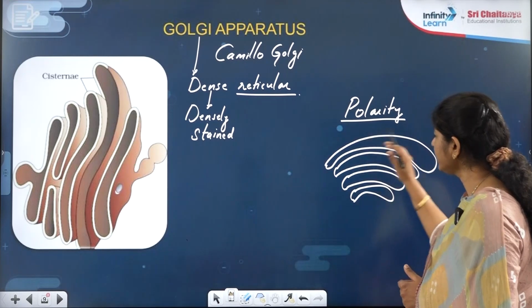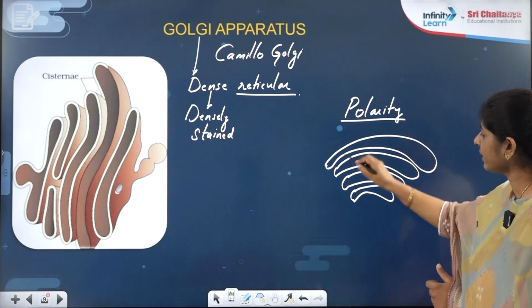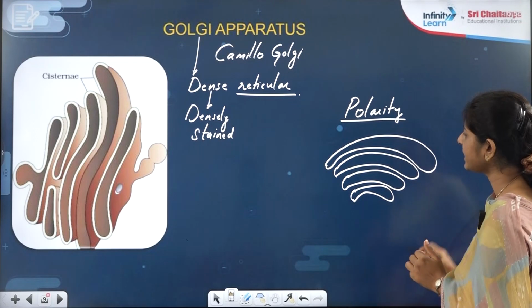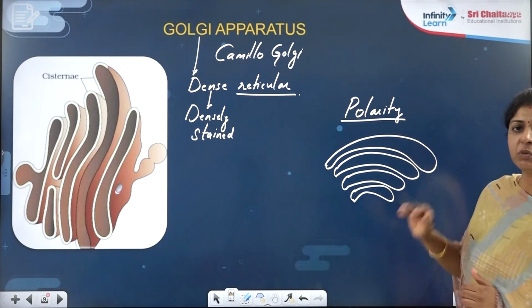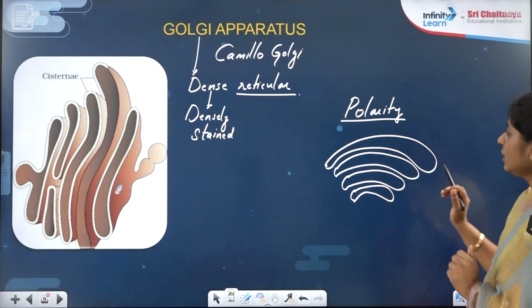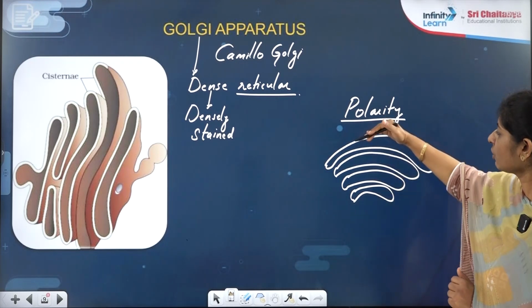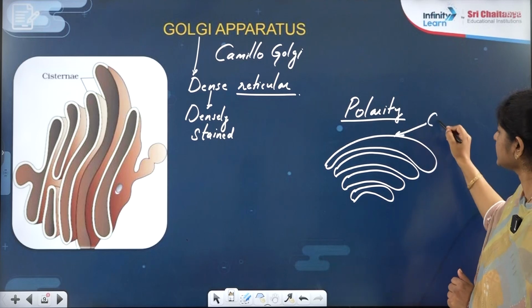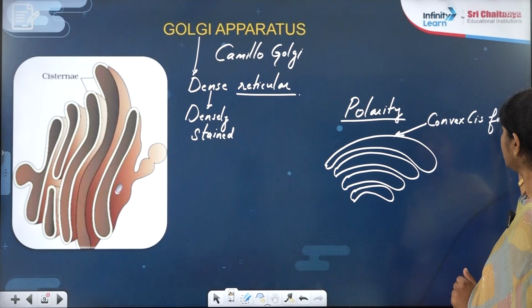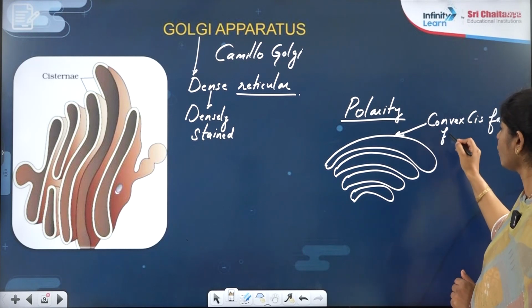They are piled on each other like concentric rings near the nucleus. Now as per the polarity, this is a very important question. Don't miss listening to that. This convex side is known as the convex cis face, which you even call the forming face.